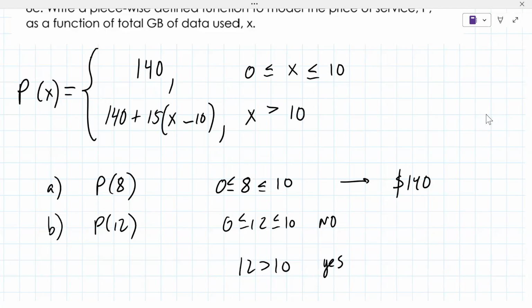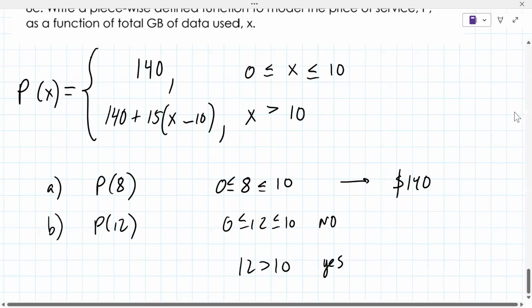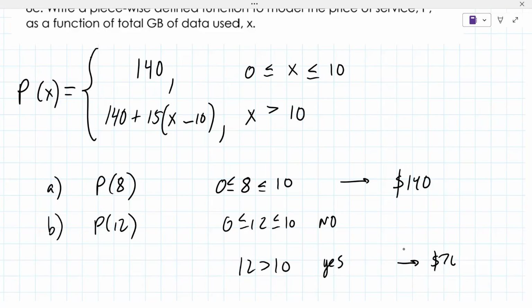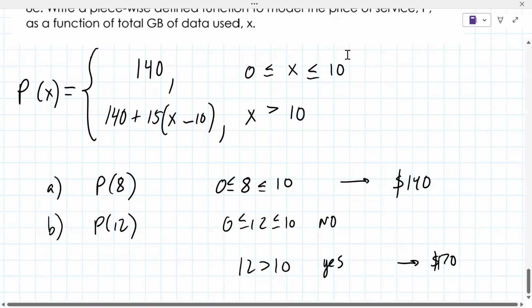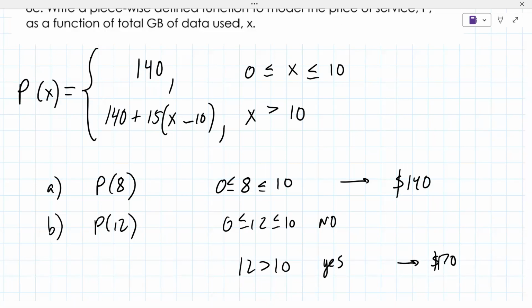I got 170. So P of 12 is $170 and P of 8 is $140.